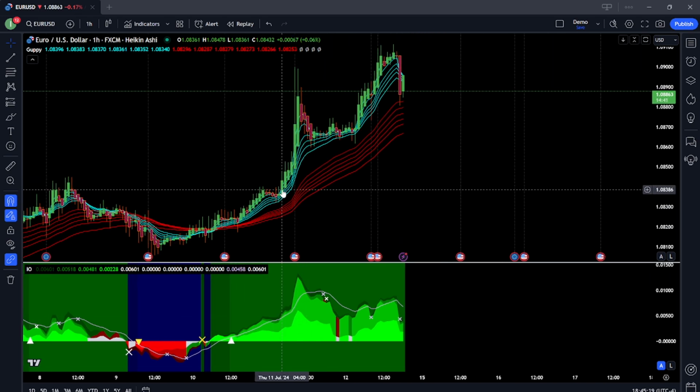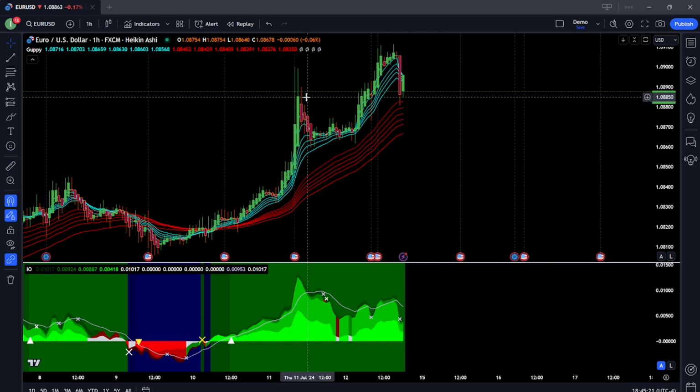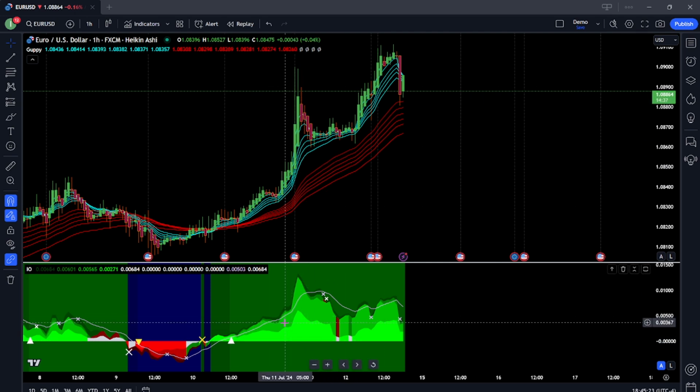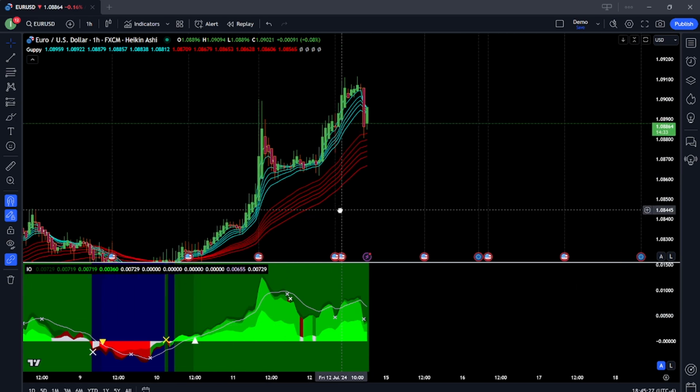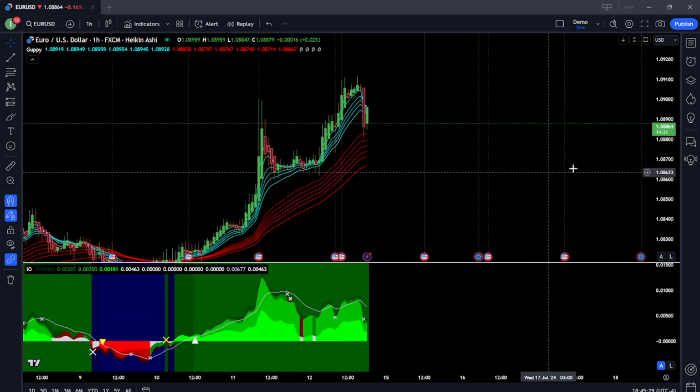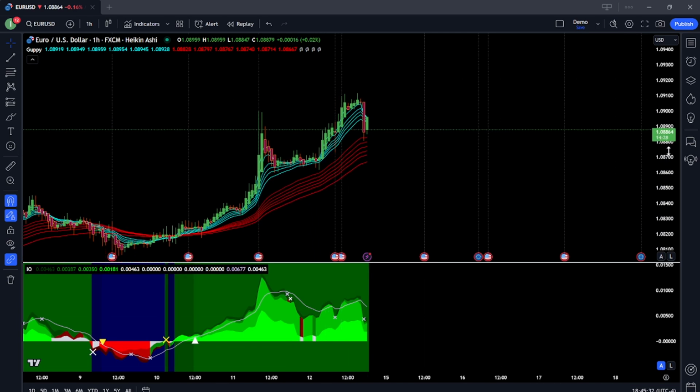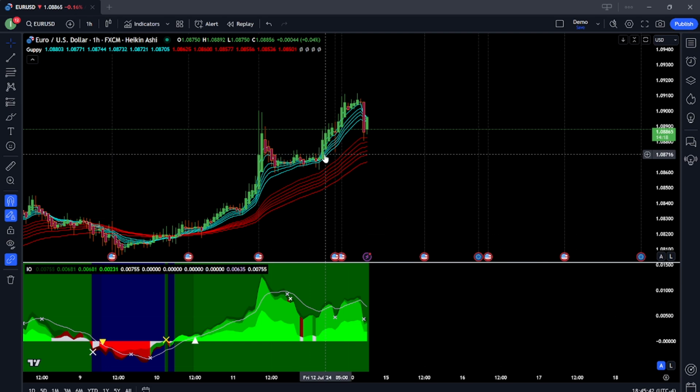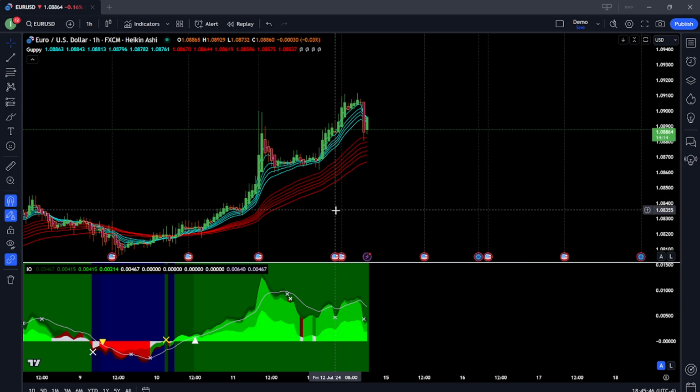The price went all the way up, and the Ichimoku oscillator was also green, right? And then you can also make a re-entry here, as the red group lines are clearly separated out from each other, and the blue group is also separating out. So you can make an entry here again.